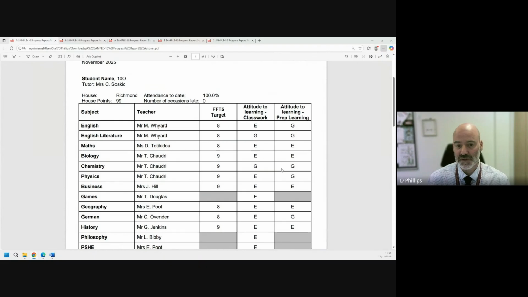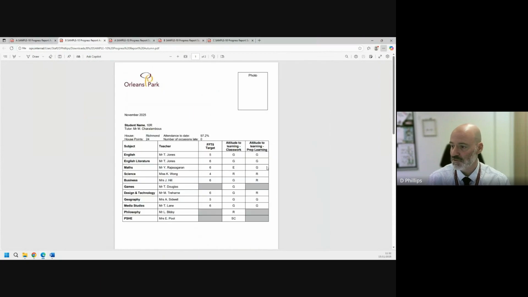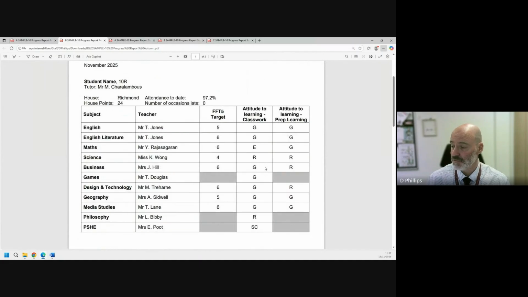I'm not going to discuss those here. You've had those for many years. We look at another example of the same reporting points. So again, this is a November report. You'll notice this student has got a different suite of subjects, and their FFT5 targets are not as high. So we're looking here at a student whose targets are between a 4 and a 6.